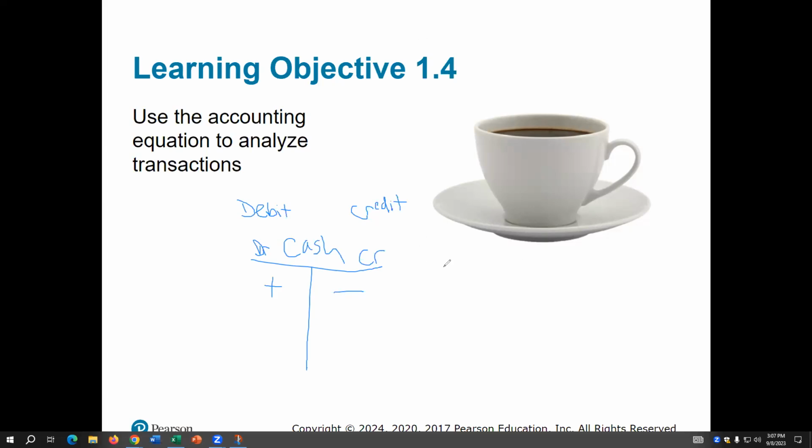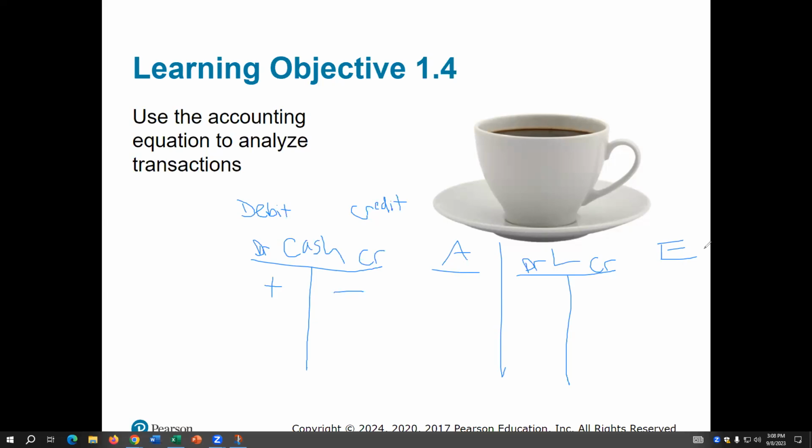Assets are on the left-hand side of the accounting equation. On the right-hand side of the equation, we have liabilities and we have equity. So if we do a T account for a liability, debits are still on the left and credits are still on the right. However, an increase in the liability is a decrease in the value of the company.